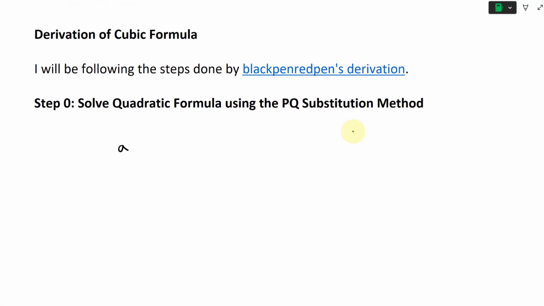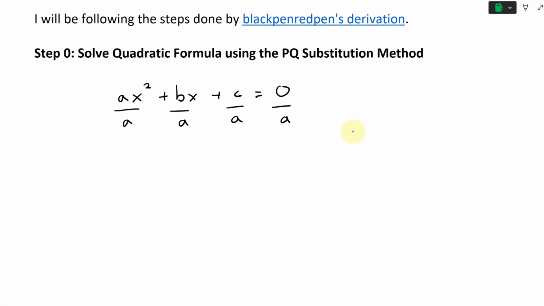So let's say we have ax squared plus bx plus c equals 0. Now the first thing to do is same as before, just divide everything by a. What we end up having is, this term cancels, the 0 is still 0, but this part we'll call p, so p is equal to b over a, and this part we'll call q, so q is equal to c over a.